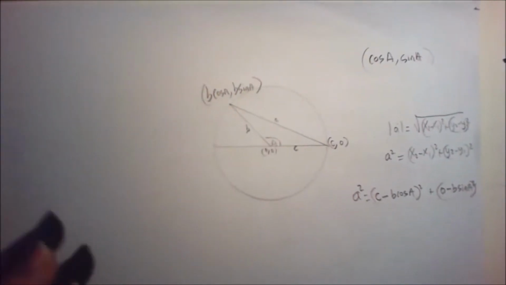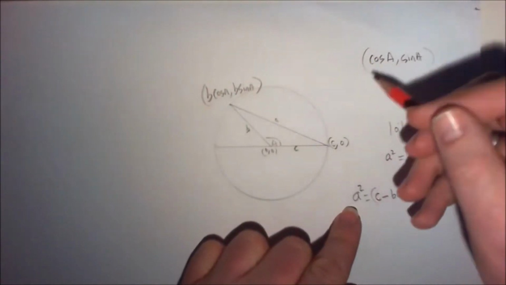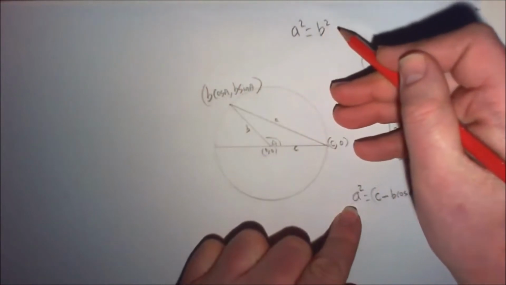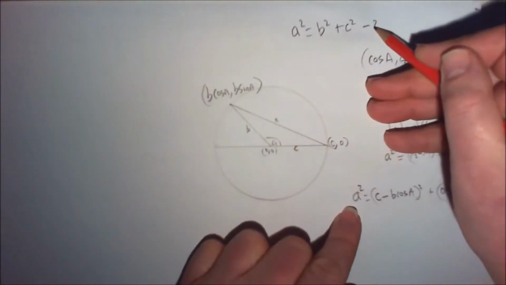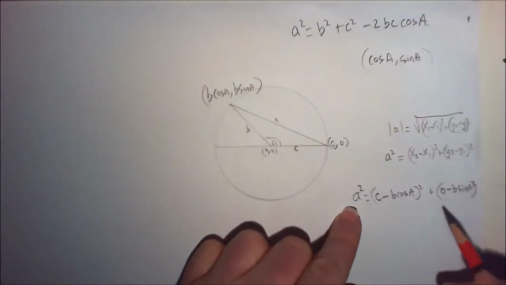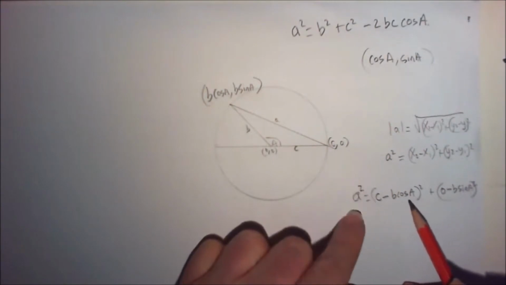So suddenly that looks a bit better. Because remember, what are we trying to get at? We're trying to get to, and I'll write it up here at the top, A squared is equal to B squared plus C squared minus 2BC cos A. I can definitely see the cos A here. So we're definitely getting it.